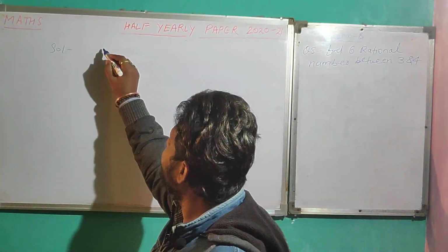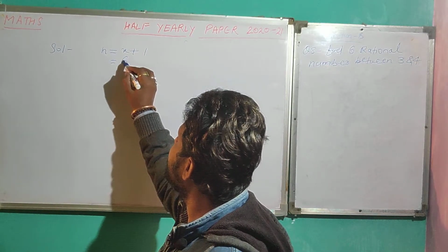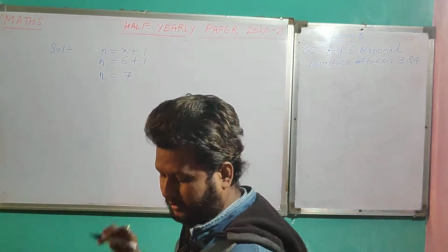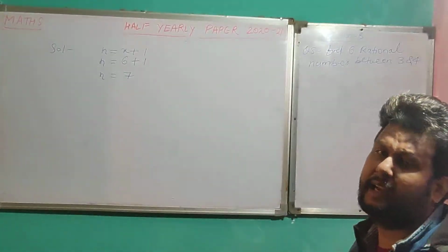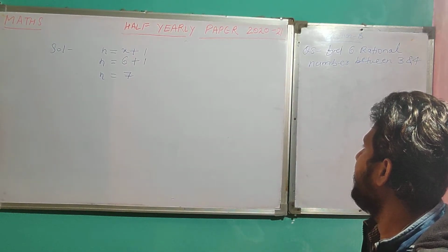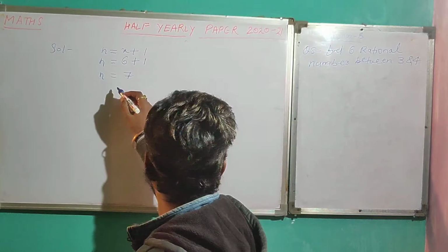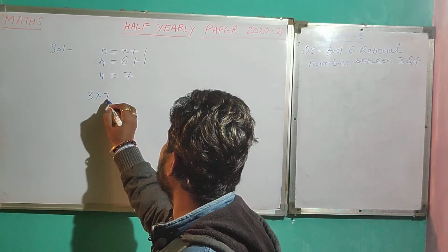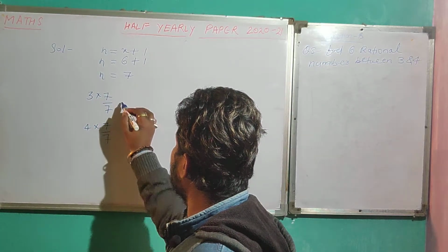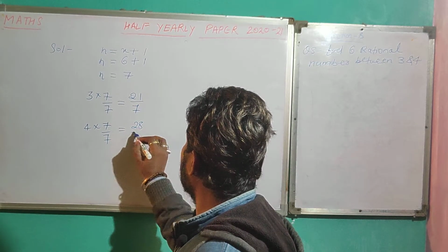Okay. So n is equal to x plus 1. Here the value of x is 6, so n is equal to 7. Why are we using x is equal to 6? Because we have to find 6 rational numbers between 3 and 4. Now x is equal to 6, then n is equal to 7. Therefore 3 into 7 upon 7 is 21 upon 7, and 4 into 7 upon 7 is 28 upon 7.